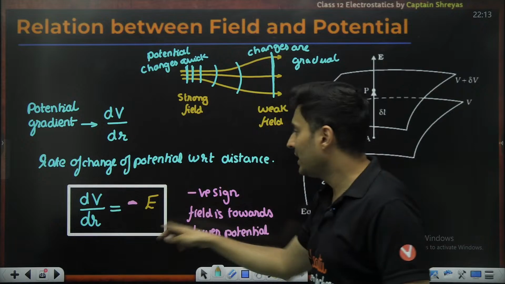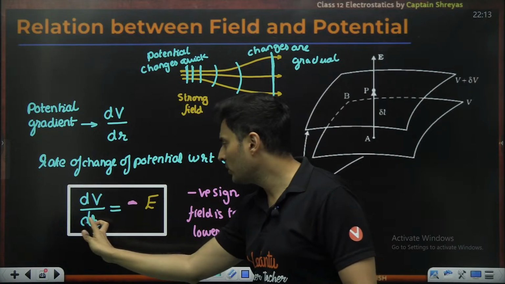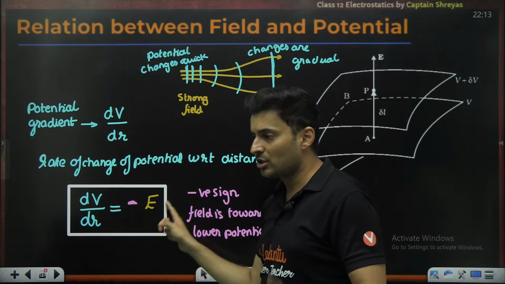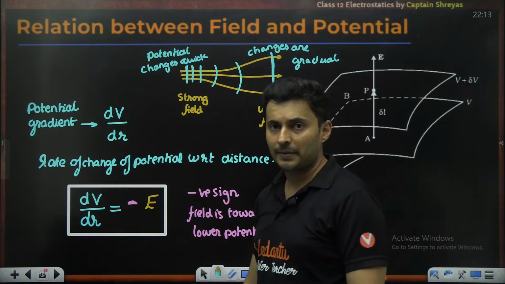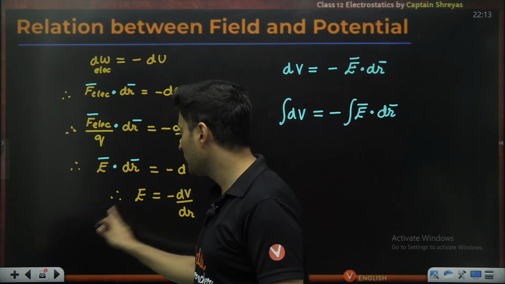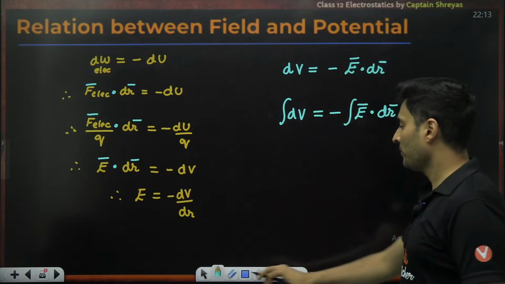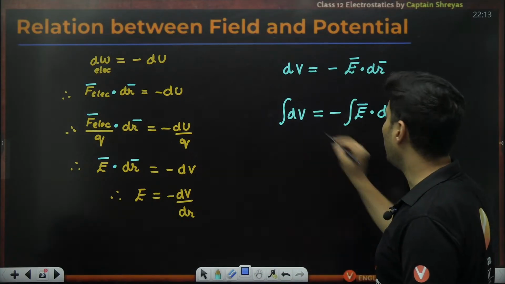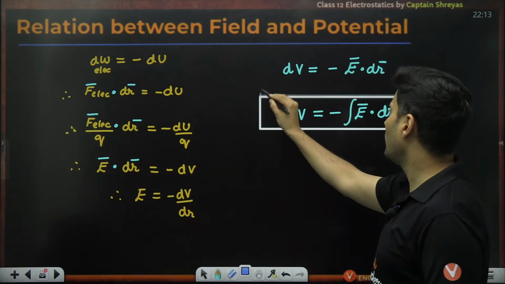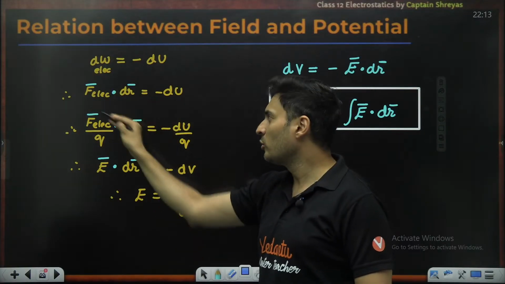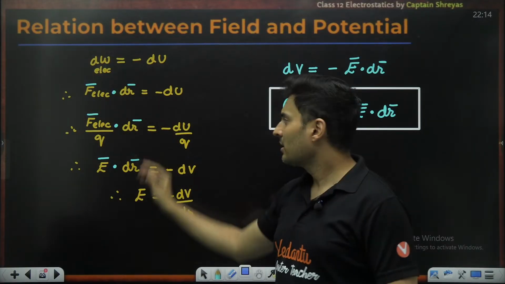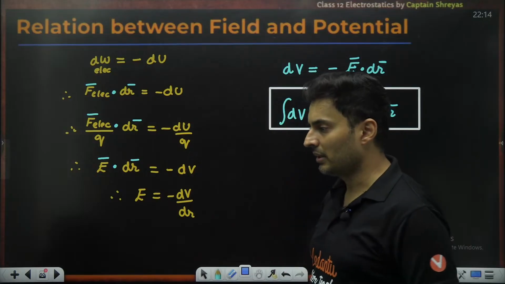When you write it like this, it's fine, no problem. But when you take this dr over here, it is actually E dot product with the displacement vector. That is something you should be aware of, because it comes from the concept of work. Work is the dot product of force and displacement. So if you maintain those things, there is always a dot product over there.